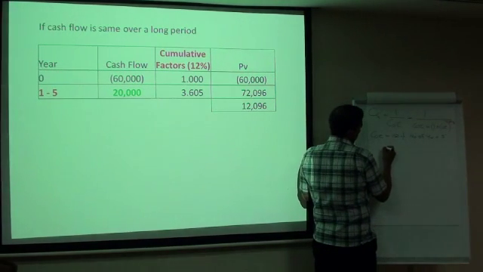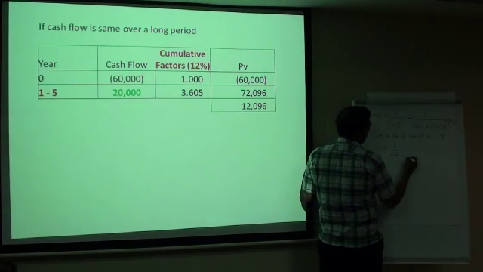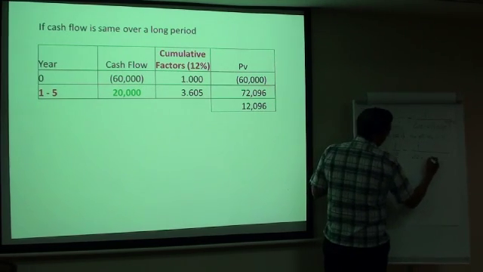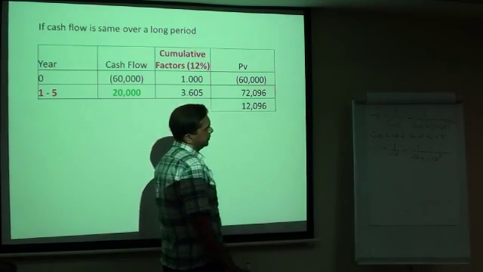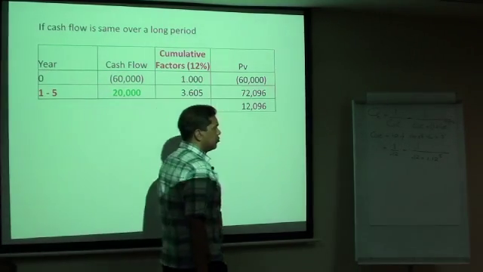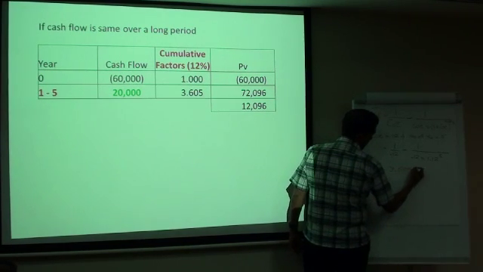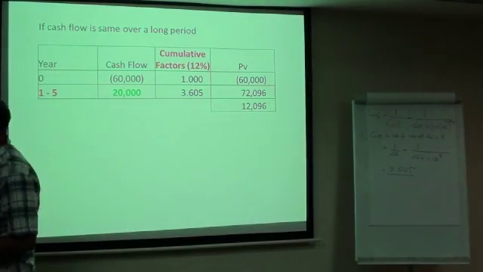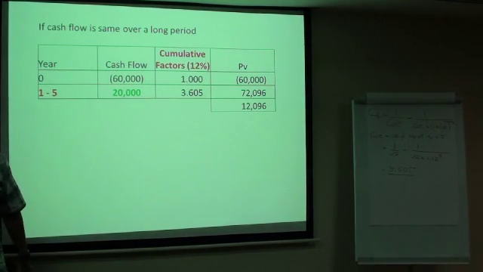Right, what is the calculation? 1 divided by cost of capital, 0.12, minus 1 divided by cost of capital, 0.12, into 1 plus cost of capital, 1.12 to the power 5. See, it's not as difficult as we think. I'm sure you will get 3.605, get a confirmation from one of the participants. Nobody has a scientific calculator, I think?